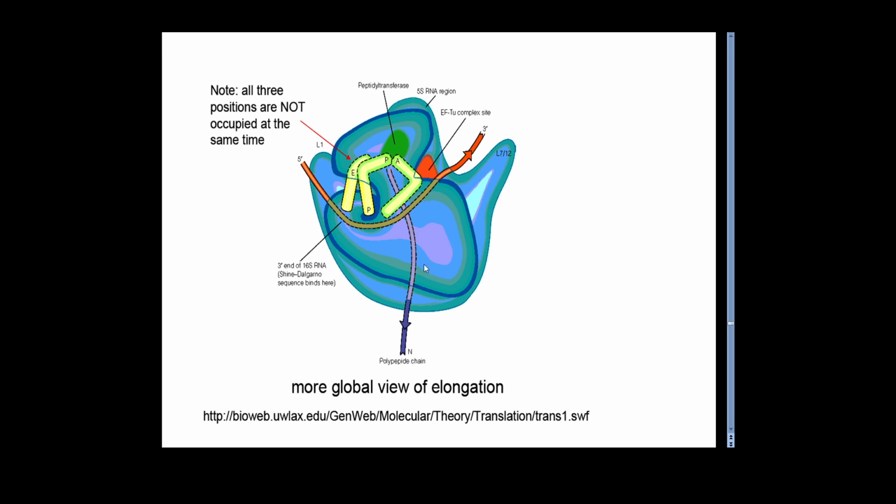Altogether it leads to, you can see, movement of messenger RNA, now with P site, A site and E site, but not simultaneously associated with tRNAs. This shows the direction of movement of messenger RNA and the place of synthesis of the polypeptide chain from the amino end.